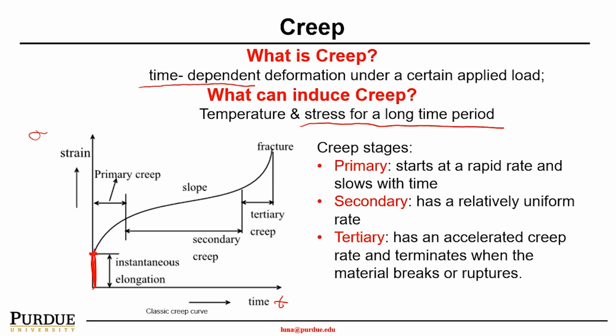At the very beginning we call it primary creep, which starts at a very rapid rate and slows down with time, and then goes through a relatively uniform stage, which we call secondary creep. And then you get into the very dangerous part, the accelerated creep rate, approaching material break, right, the material fracture or rupture.